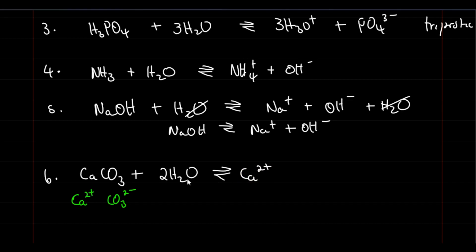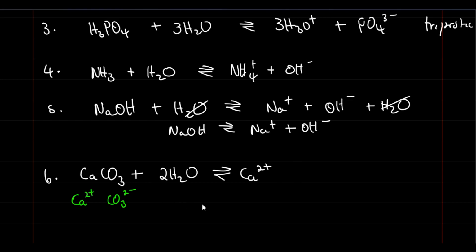Now this water molecule will donate a proton to this carbonate. We have 2 water molecules, which will each donate a proton, to form what? To form carbonic acid, right?